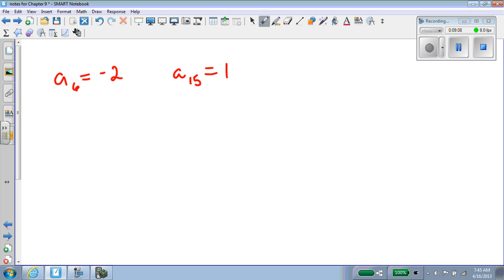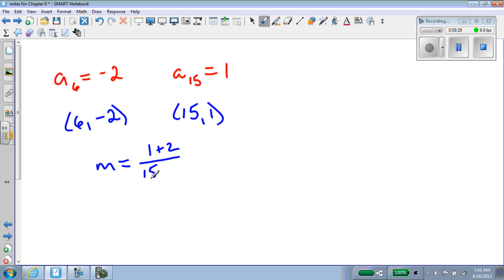They tell me that the sixth term is negative 2 and the 15th term is 1. Okay, again, I'm going to use that sense of I'm lost as a sequence, but I am definitely not lost if it's a line. So the slope would be 1 plus 2 over 15 minus 6, which would be 3 over 9, which would be 1/3.